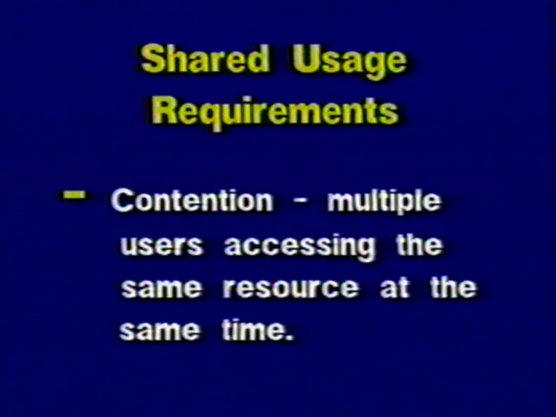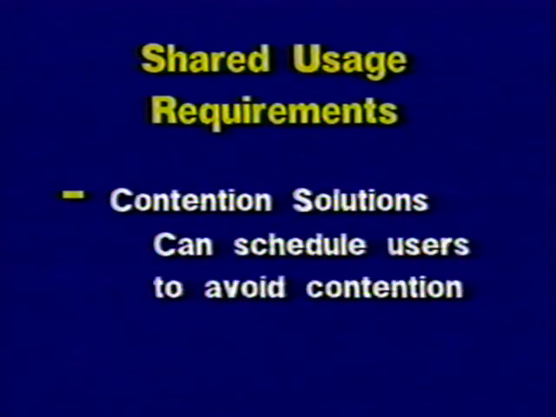Contention is when multiple users try to access the same resource at the same time. For example, two users editing a document simultaneously, or in the case of a database, maybe two users trying to update the same database record at the same time. And we're going to talk about databases in the next chapter, but let's talk about some contention solutions.